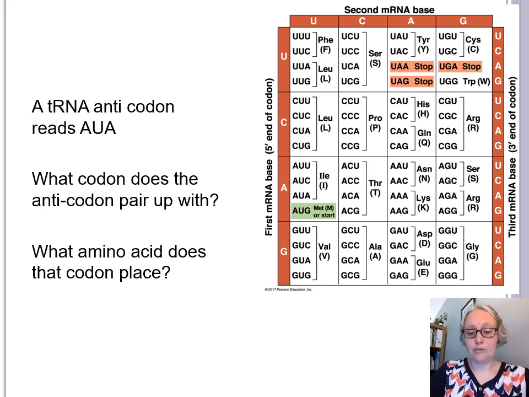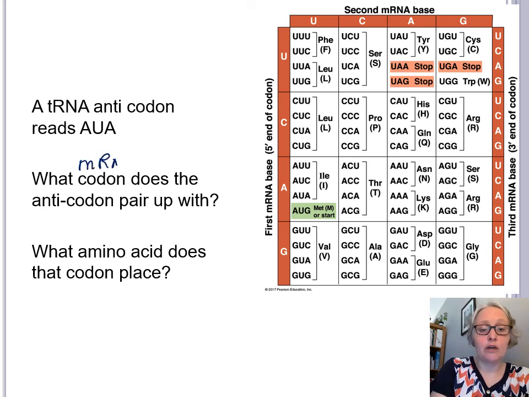Let's think it through a little bit. Let's imagine that I've got a tRNA anticodon that reads AUA. What codon would this anticodon pair up with? Some things to remember. The codon is also an RNA molecule, right? That's our mRNA molecule.